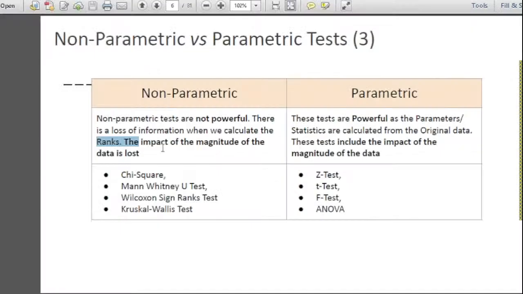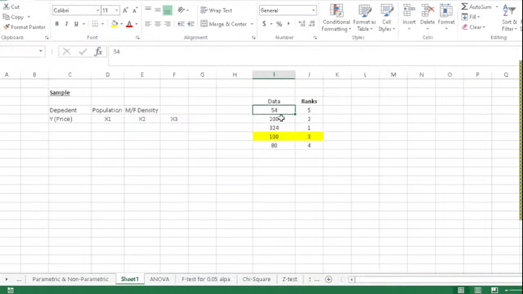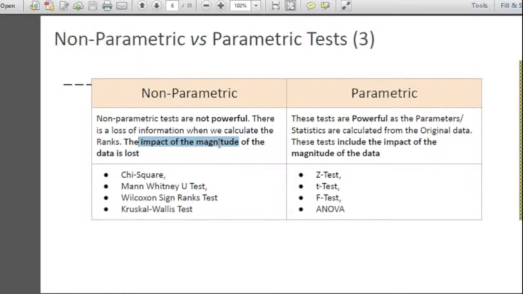So when you're dealing with median or rank, I don't have complete information. There is a loss of information. Thus, the impact of the magnitude of the data is lost. Magnitude means the differences between these numbers and the mean; that information is not there. The impact of that magnitude is lost in non-parametric tests. Hence, they are not as powerful as parametric tests.